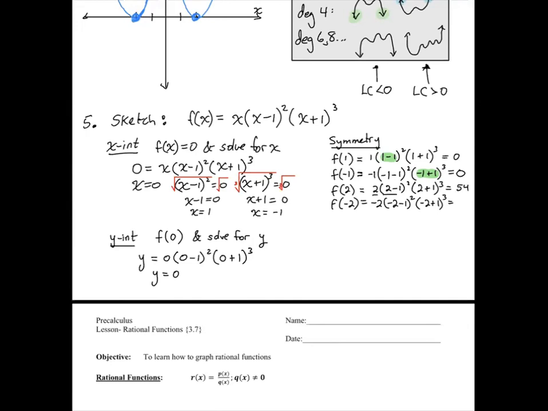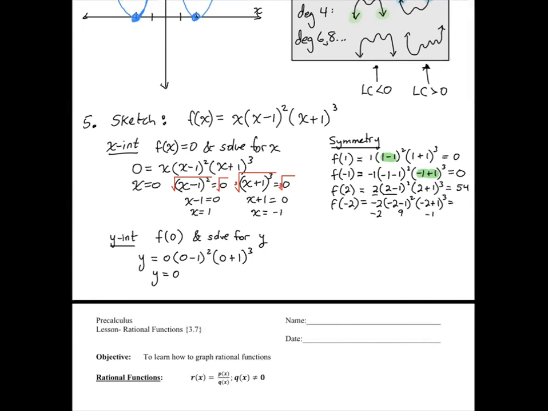So I just want to see if this computation is going to lead to the same thing or the exact opposite or some other number. All right. So here I have -3 squared, which is going to give me a 9. -2 plus 1 is -1, cubed is -1.